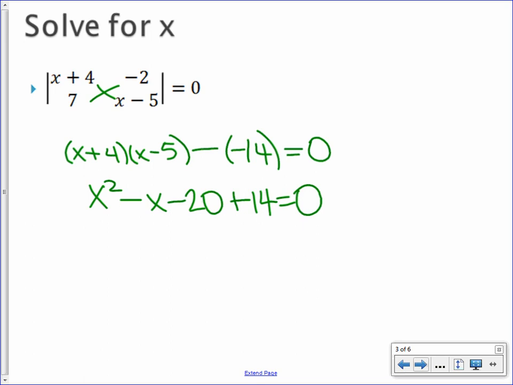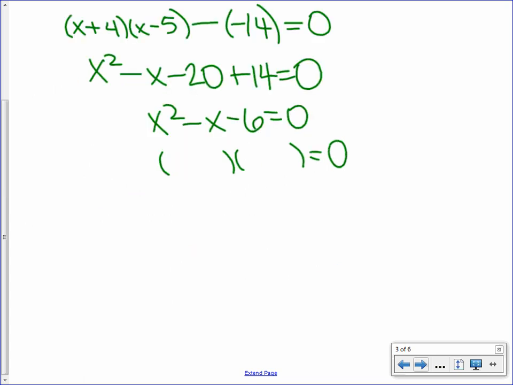So our trinomial is x squared minus x minus 6 equals 0. Now we have a quadratic that equals 0. We can factor. What can we factor to? So that means x is?